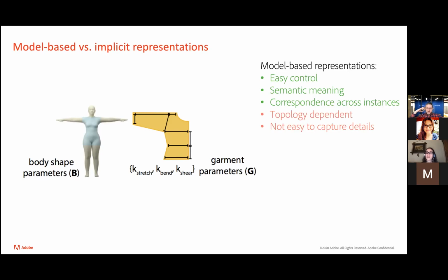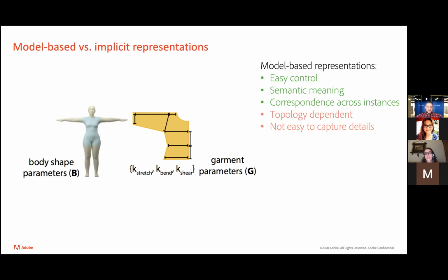The parameters themselves already give you a good space where you can do these edits. And usually these parameters also have some semantic meanings. For example, you might have one parameter that corresponds to the length of the sleeve. So it's very easy to cast editing with these semantic parameters.